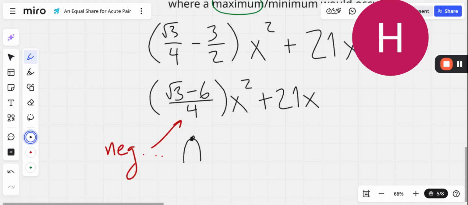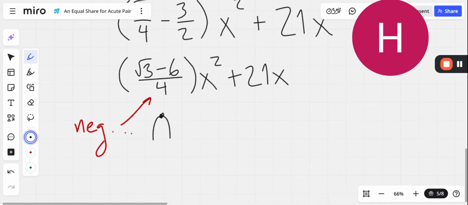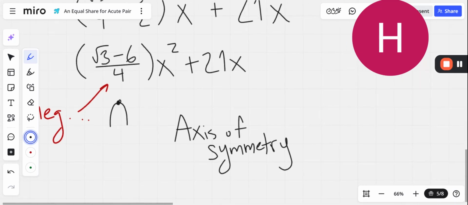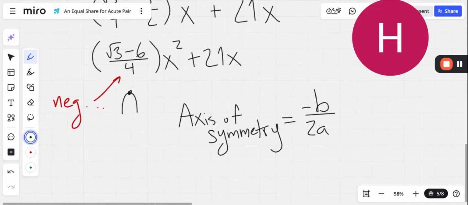So how do we find the maximum? We have to use the axis of symmetry. We're going to use the axis of symmetry equation, which says that the vertex of a quadratic function, the parabola, occurs at a value of negative b over 2a, where my a, b, and c are the coefficients of the standard form quadratic.